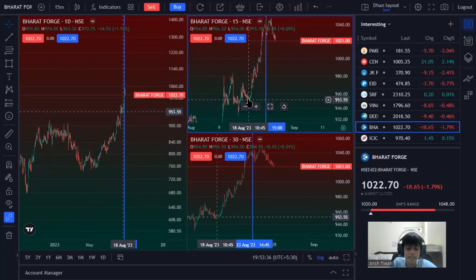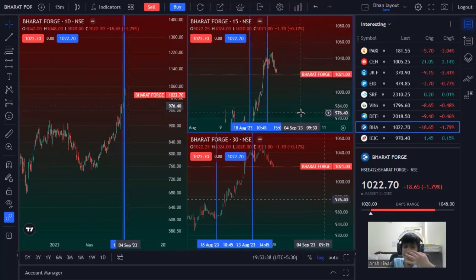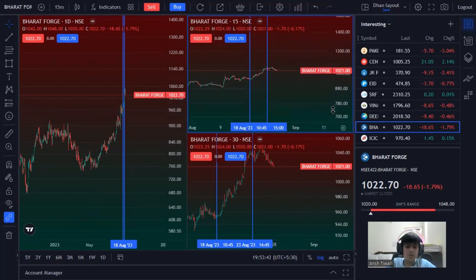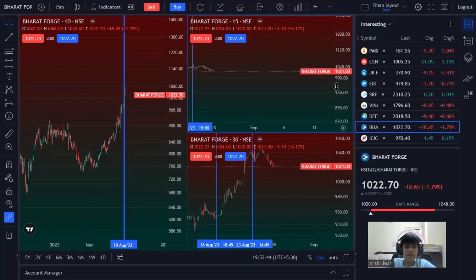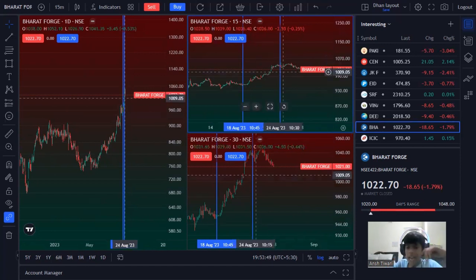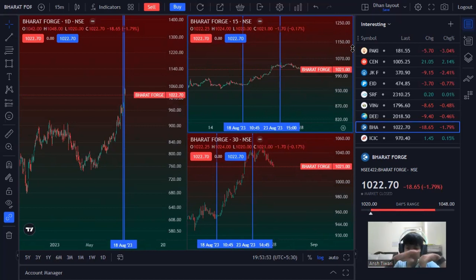So I had a lot of profit, but I had a very small quantity at that time. So I didn't get a lot of profit, but it was satisfactory and it was just a dummy trade. My actual trade was in Tata Motors, which had a lot of quantity and a profit of about 55%.